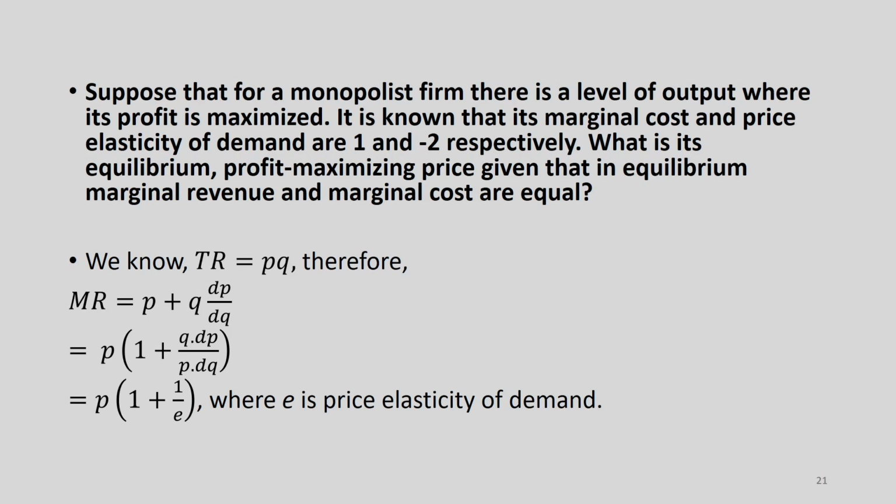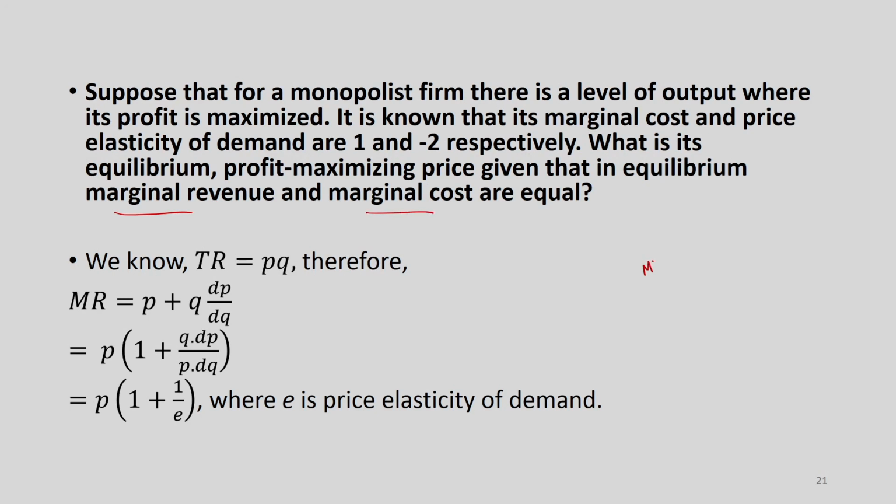It is also known that the marginal cost and the price elasticity of demand of this firm are given by 1 and -2. What is further given is that in this equilibrium where the profit is getting maximized, marginal revenue and MC are equal.